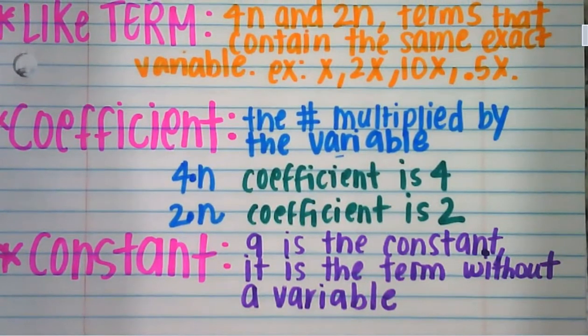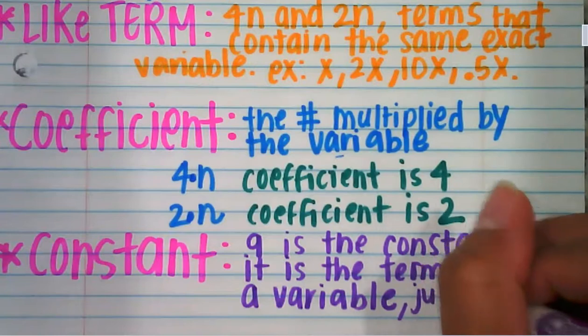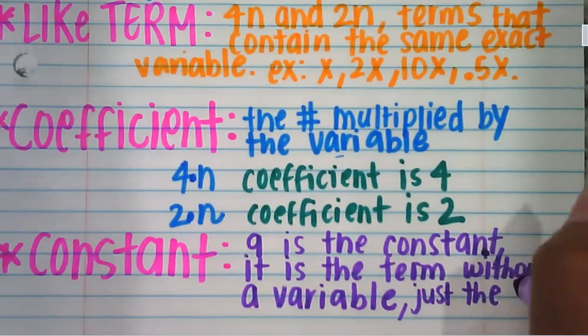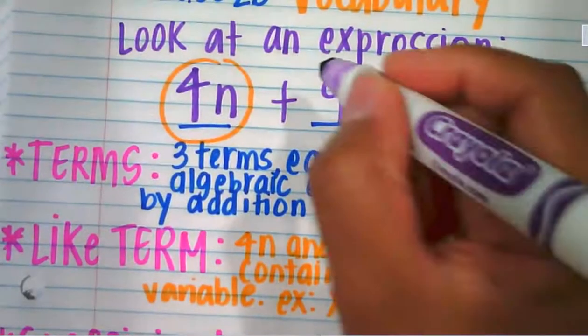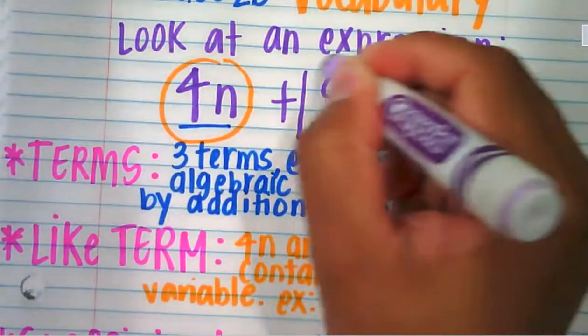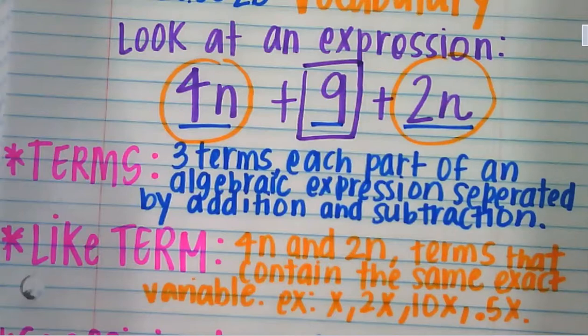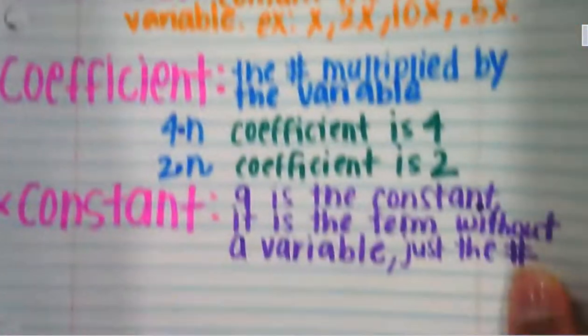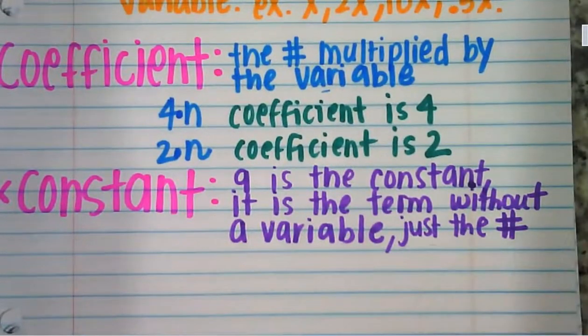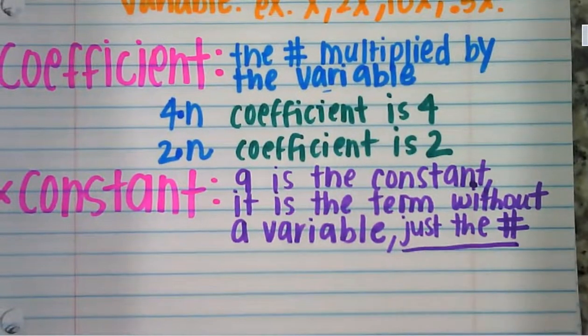A term without a variable, just the number. So if we take a look here, 9 is just constant. 9 will always be 9. No matter what I do to 9, 9 will be 9. And so that is our constant, just the number in the expression. I hope you took some good notes.